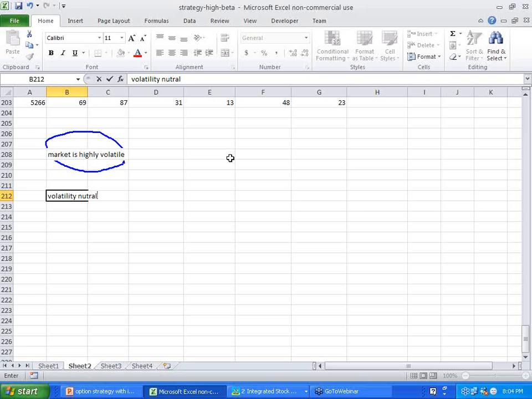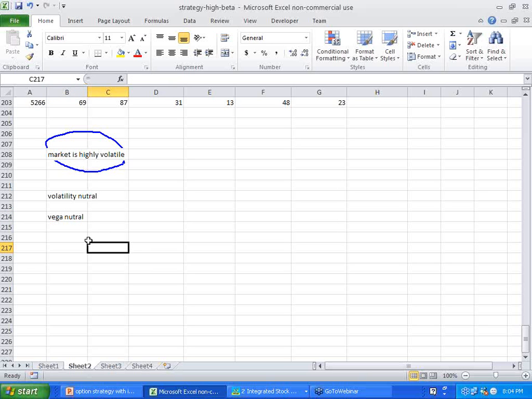If in any way I can make this money protected from volatility, then we can say it is volatility neutral, and that kind of strategy can be formed through options. So you form a strategy which is Vega neutral.